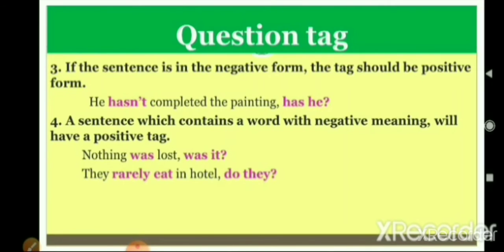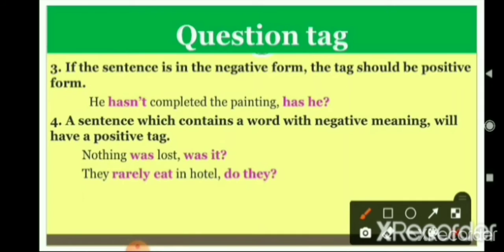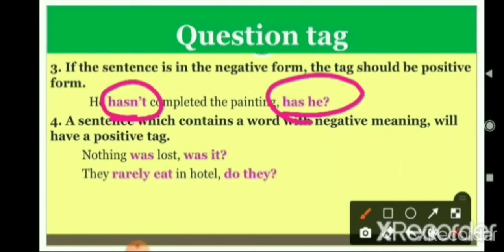So here, he hasn't completed the painting. Which is the auxiliary verb here? Auxiliary verb is hasn't. So the sentence is in the negative form and the tag should be positive. Has he?